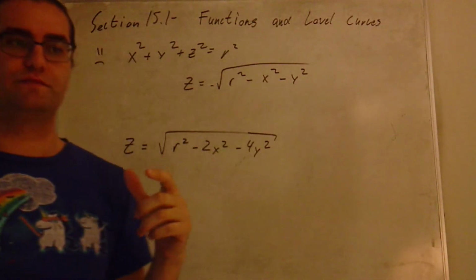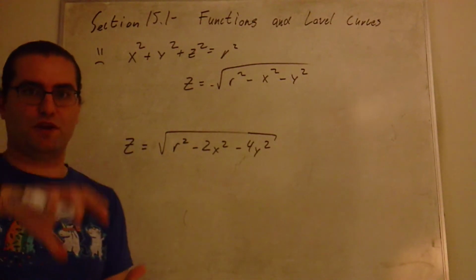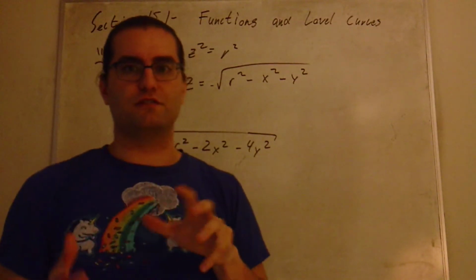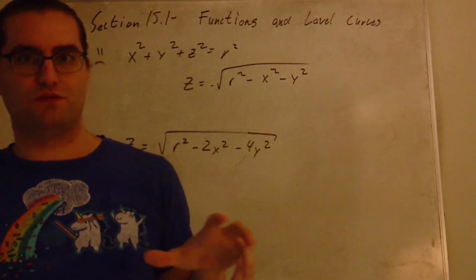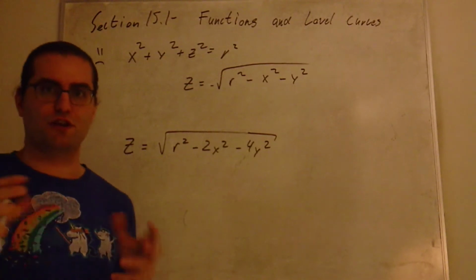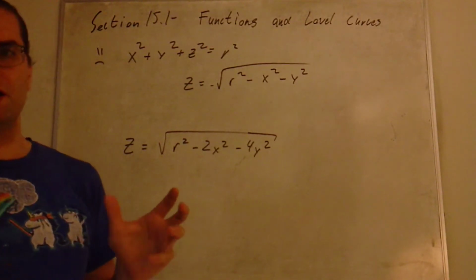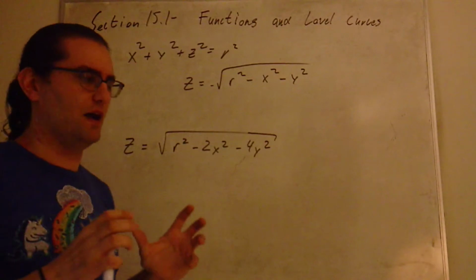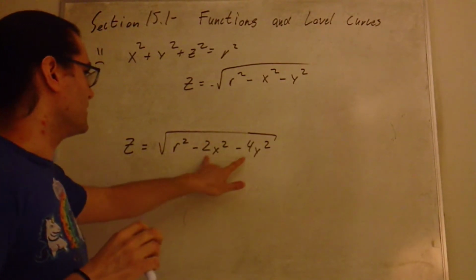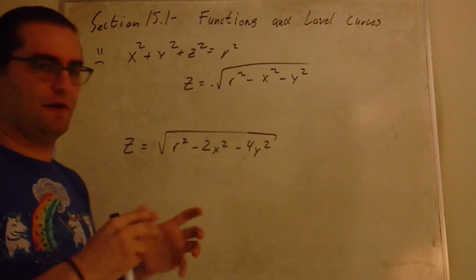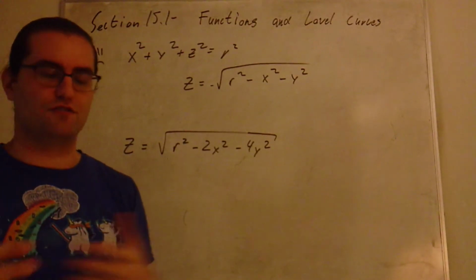A sphere is what happens to circles when you make them three-dimensional. An ellipsoid is what happens to ellipses when you make those three-dimensional. You end up with kind of like a football shape. Depending on what these coefficients are, they might stretch or squish the thing in certain directions.